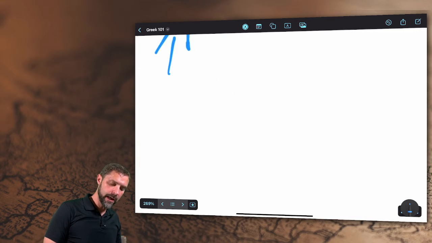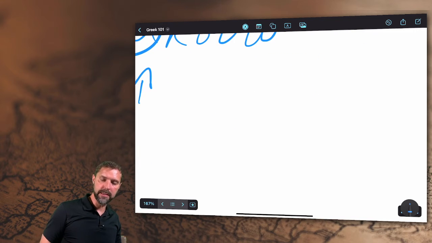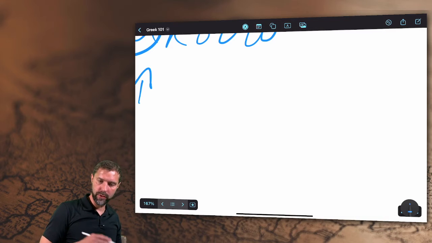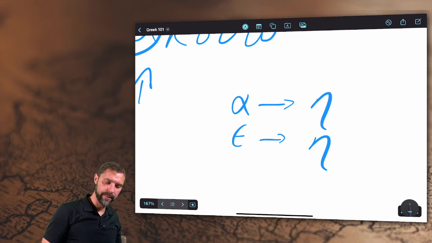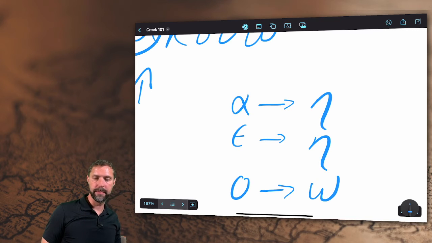What we mean by lengthening is, if I have a short vowel and a long vowel, like in English we'd say a versus a. The way this long-short vowel system works in Greek is that an alpha or an epsilon, either one of them, will lengthen to eta. And an omicron will lengthen to omega. And if you just know that, you're good to go.